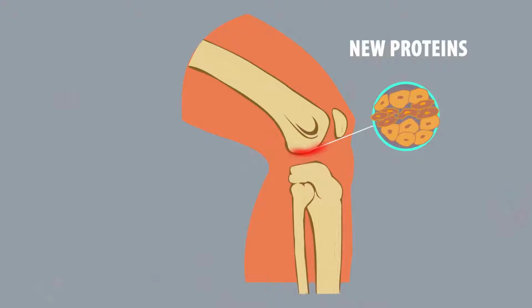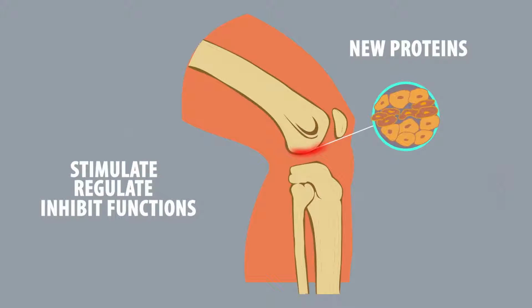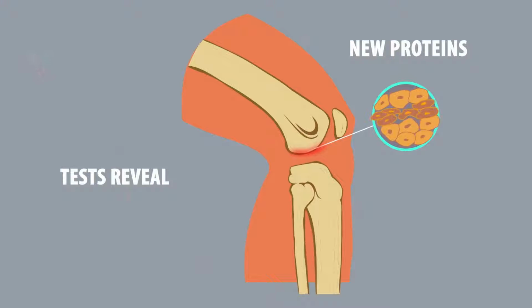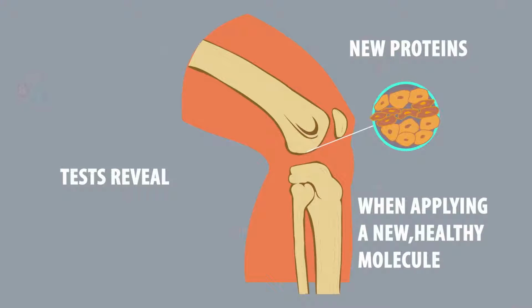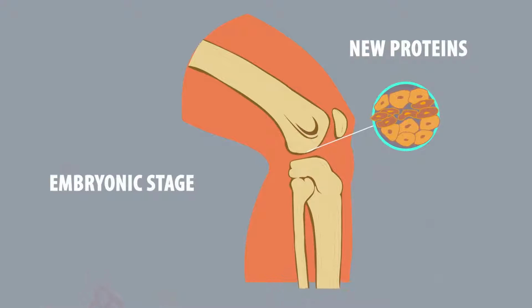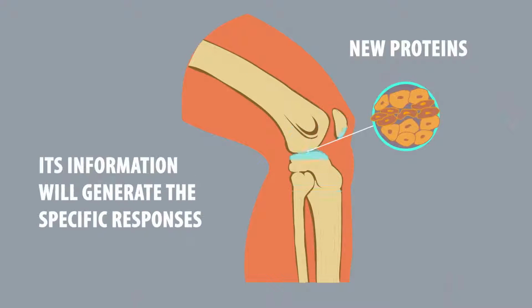The new proteins that RCT's lab isolates can provide the signals to stimulate, regulate, or inhibit functions of a targeted cell type. Tests reveal that when applying a new, healthy molecule from the embryonic stage into the related pathological tissue, all of its information will generate the specific responses needed in the pathological tissue to begin the restoration of function.